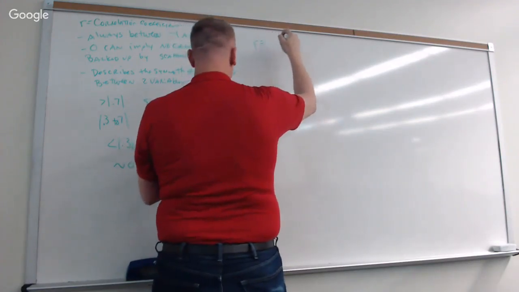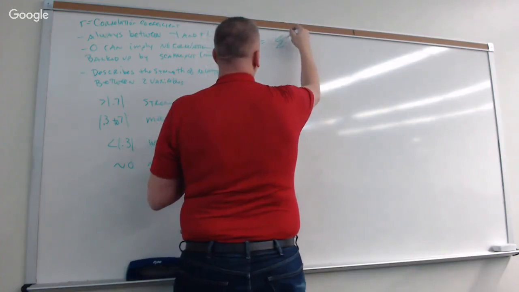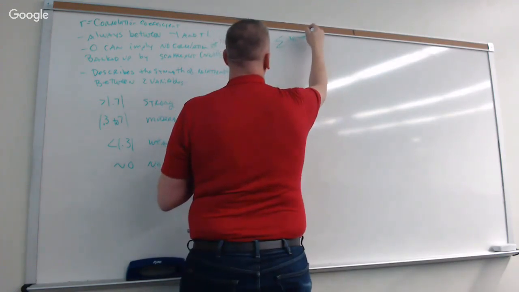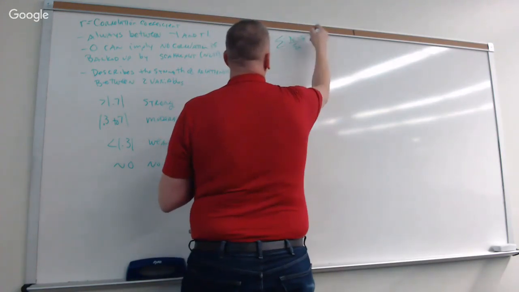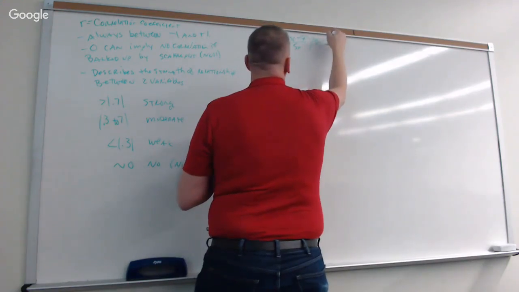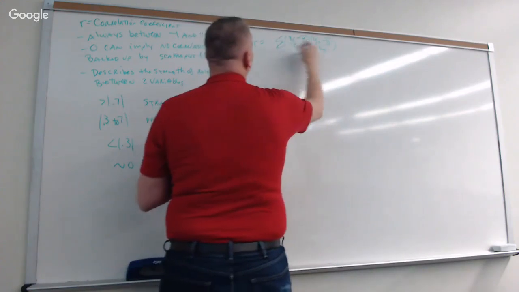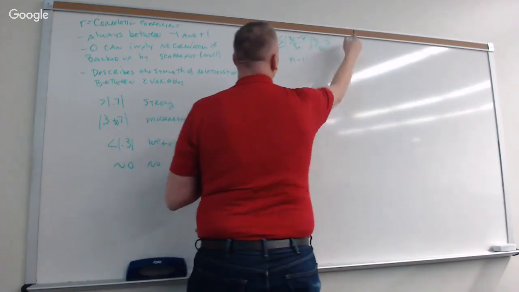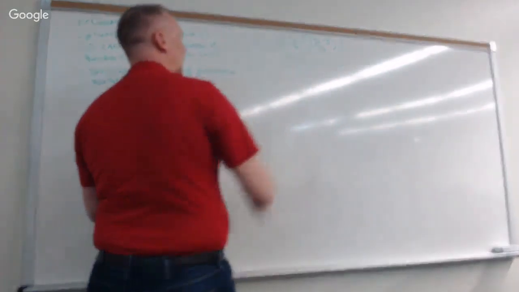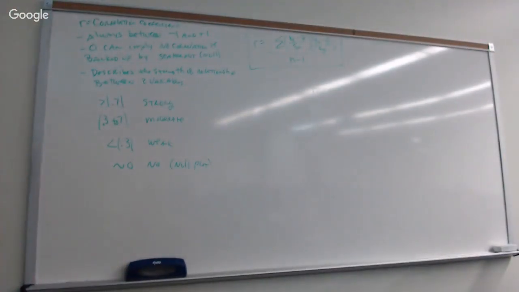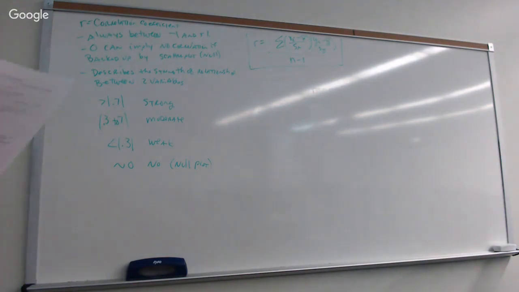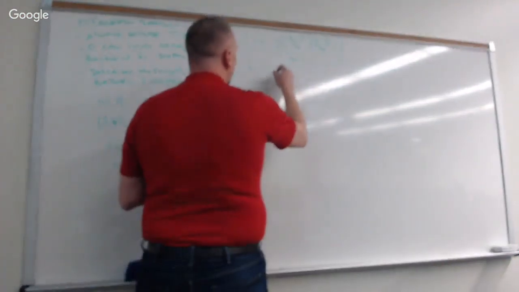R equals the sum of xi minus x bar over s sub x times yi minus y bar over s sub y, all divided by n minus 1. Okay? So we're going to show you how to calculate that with Excel. Now, steps that you're going to want to know.